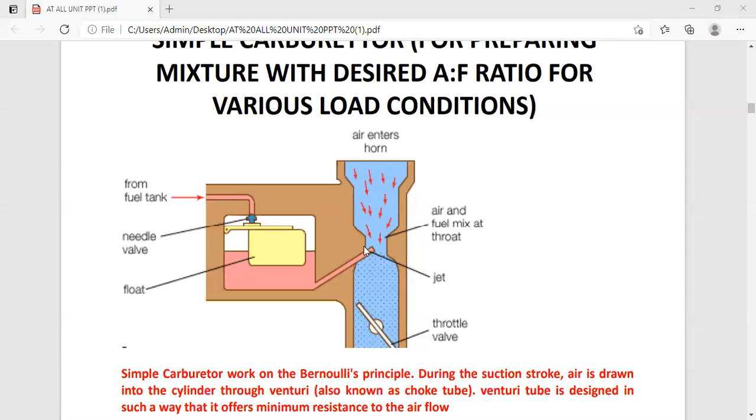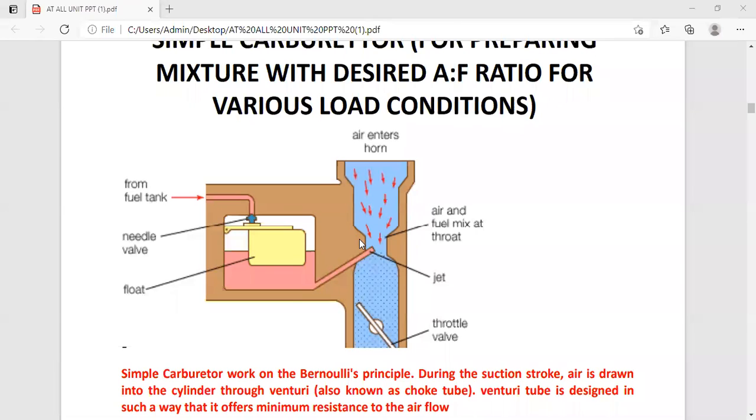The pressure at the throat under fully open throttle condition lies between 4 to 6 mm of Hg below atmospheric. Why below atmospheric? Because atmospheric pressure acts on the fuel in the fuel tank, and here, due to the variable cross-section area, we create pressure below atmosphere. Due to this pressure difference, the fuel will be sprayed inside the throat.